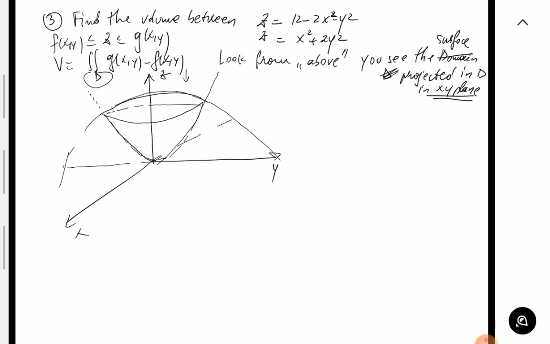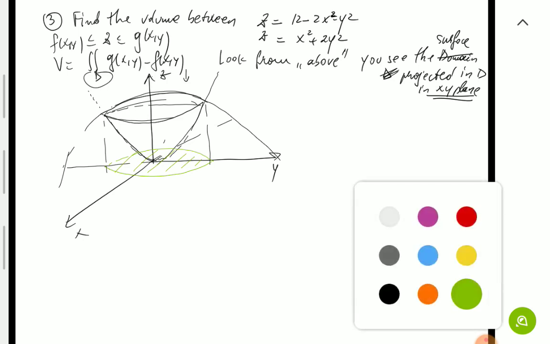This intersection, which is going to be a circle, as you'll see in a moment, is going to project onto the common domain. So let's use a different color here for the common domain. That's the common domain of the top portion and the bottom portion of the object.